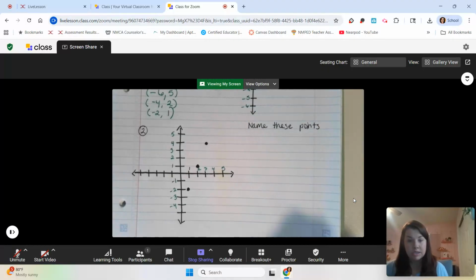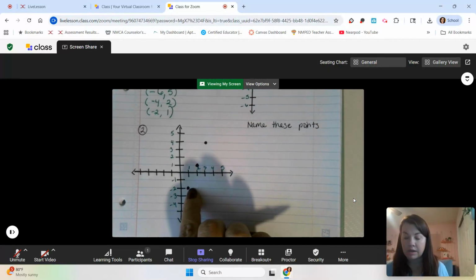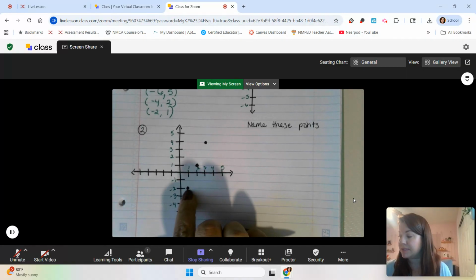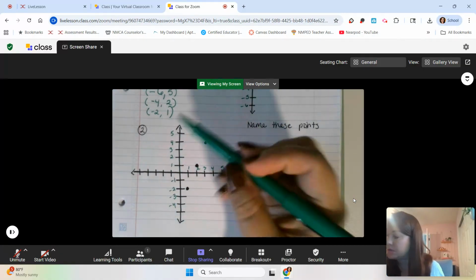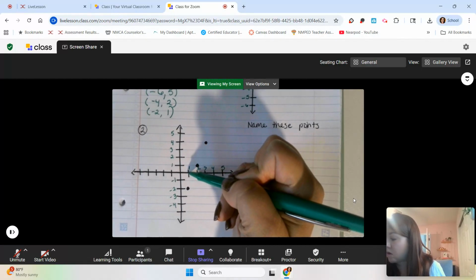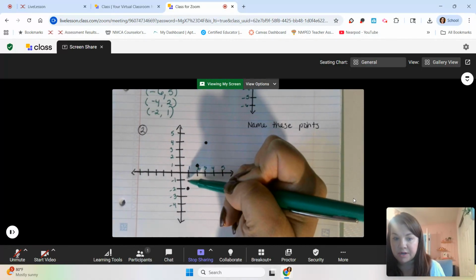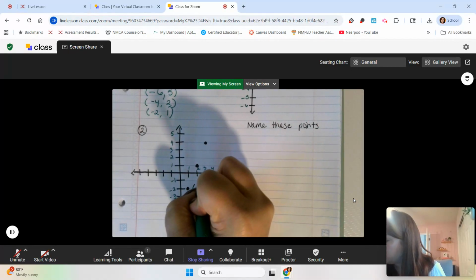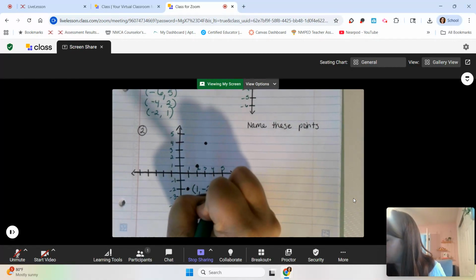I don't remember what order they're listed in the answers, but let's start here. To find where this point is, we went over 1, remember you go to the left or right first, down 2. So this would be point 1, -2.